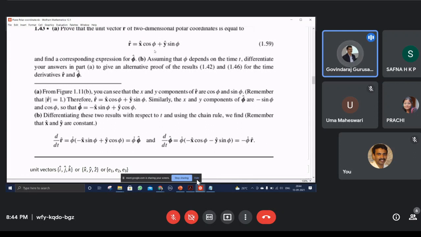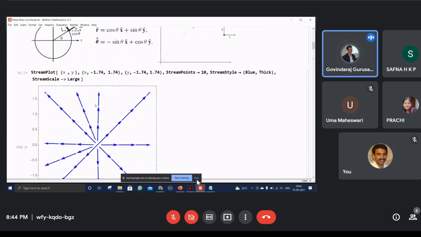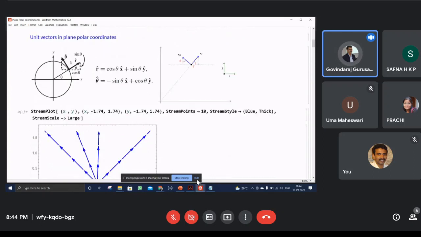Whereas x cap is not a function of time. I don't have to write x cap of t, y cap of t. That can be checked with respect to these interrelations. Wherever this theta cap, r cap is there, the directions x cap, y cap are not varying with time. That you can confirm.